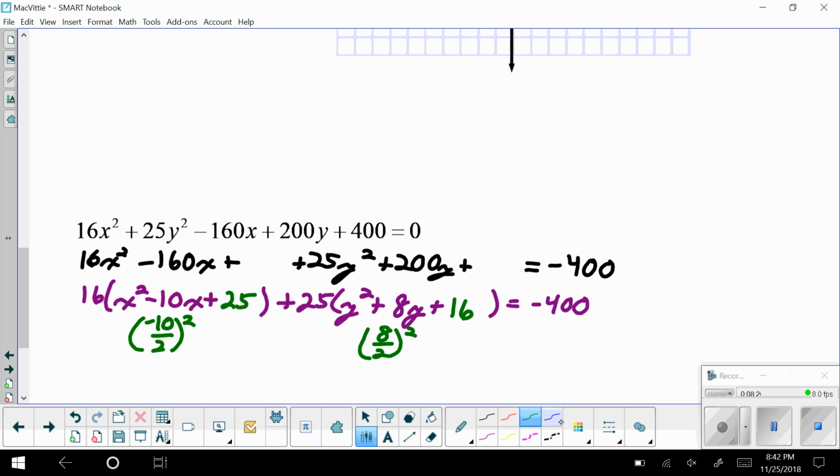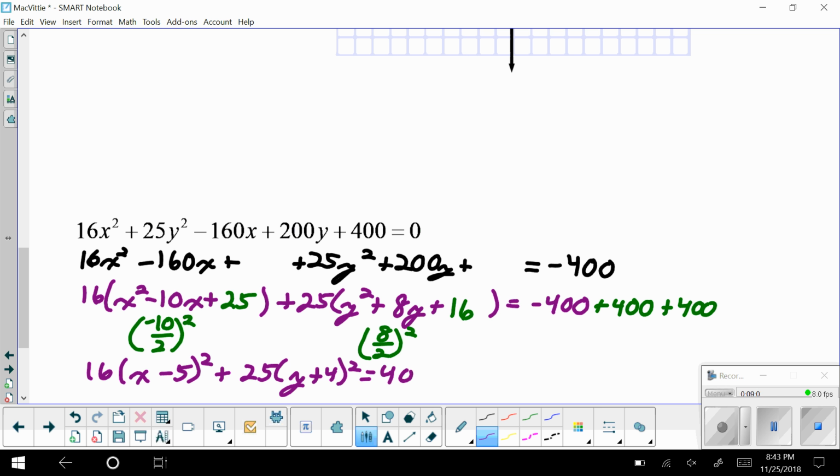But now when I am adding these to the other side, I have to realize I added a 25 that was inside of something I multiplied by 16. So I have to do 25 times 16, which is 400. And 16 times 25, which is another 400. I'm adding two 400s here. So what I now have is 16 times (x minus 5) squared plus 25 times (y plus 4) squared equals 400.